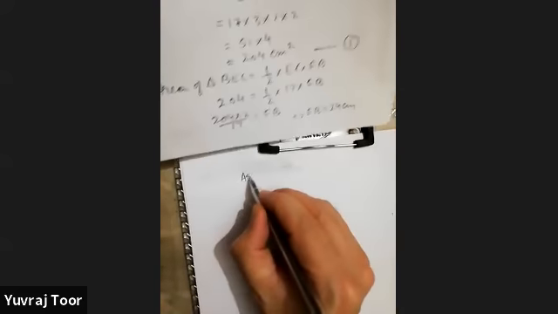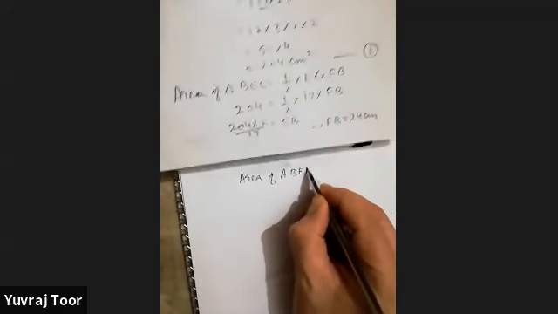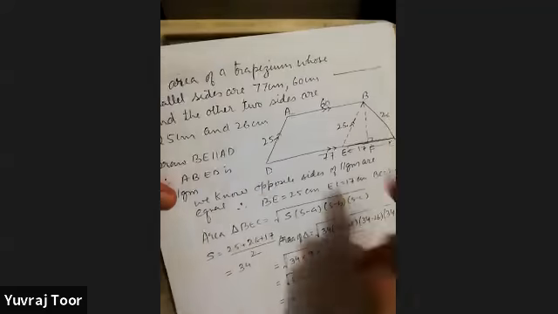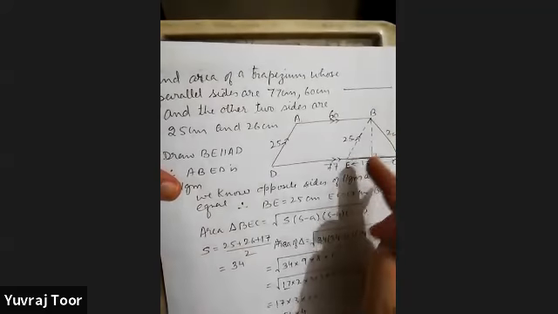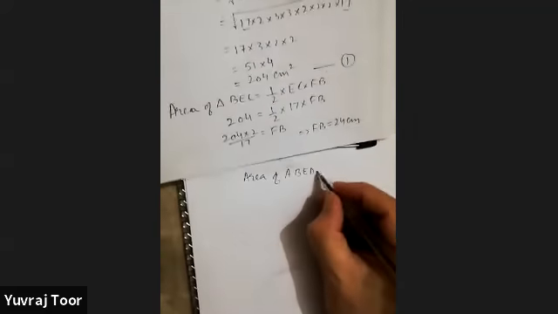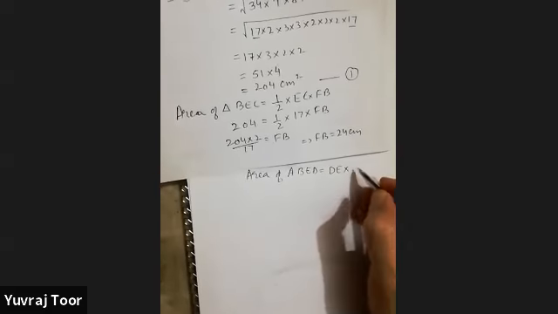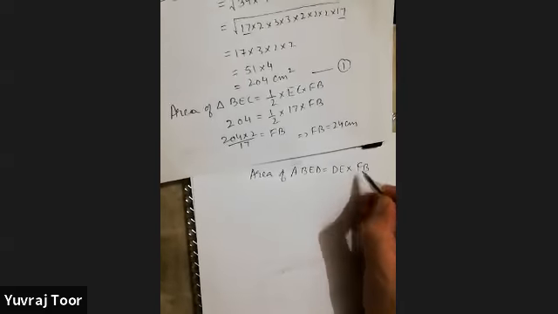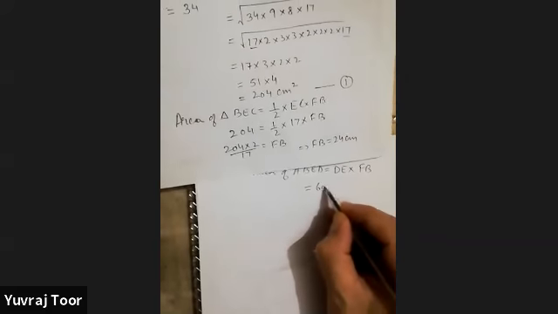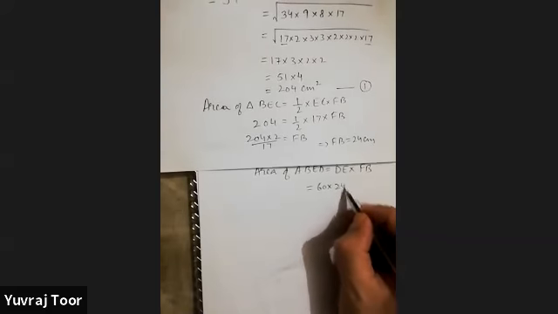So area of ABED. I'm looking for the area of ABED because I have the height. So I'll use that formula. The formula says base into altitude. So base is 60 and altitude we have calculated is 24.